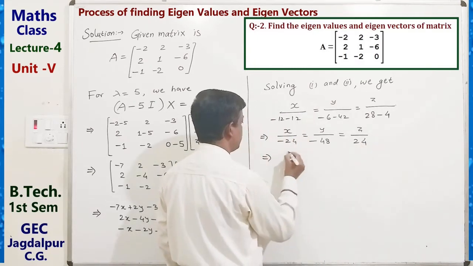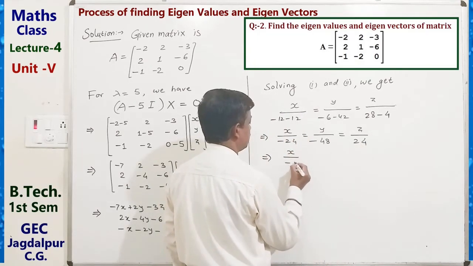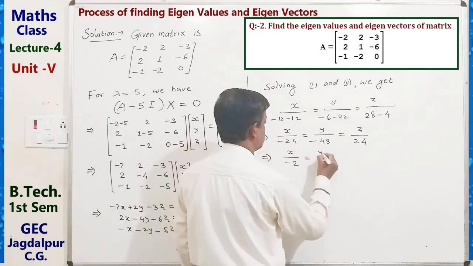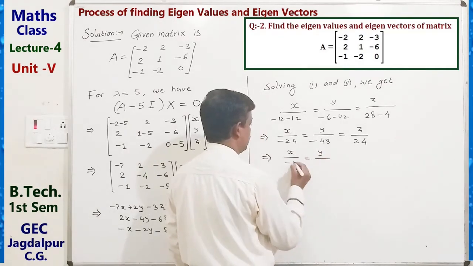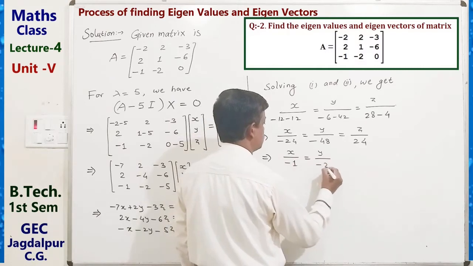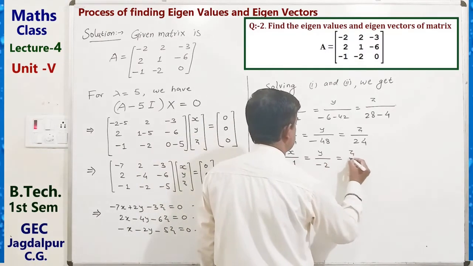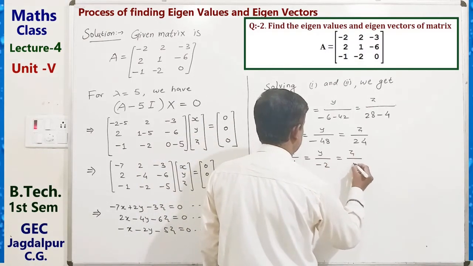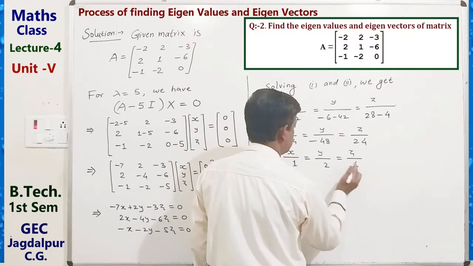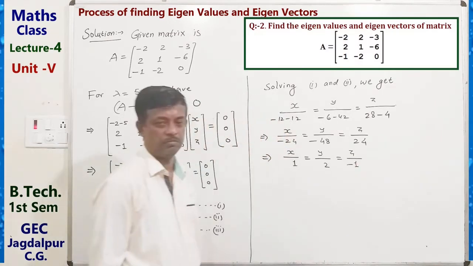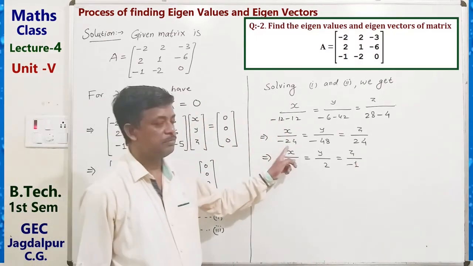So we can simplify it: x by minus 2, y by minus 2, and z upon 1. Just write it in simple form, divided by minus 24.